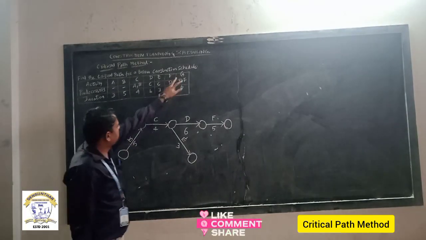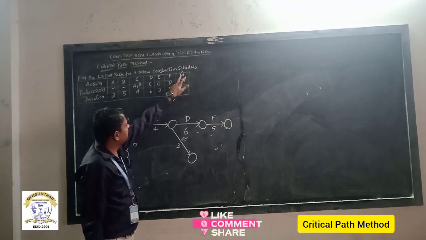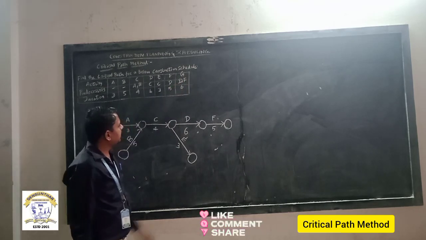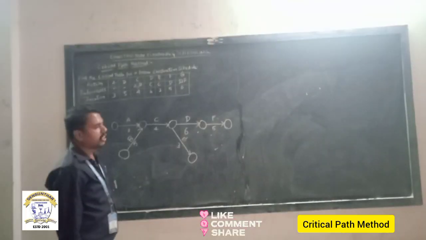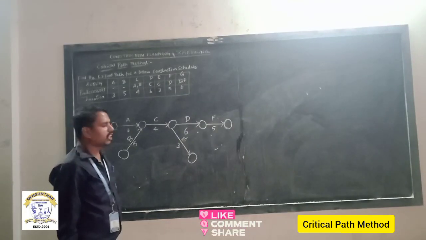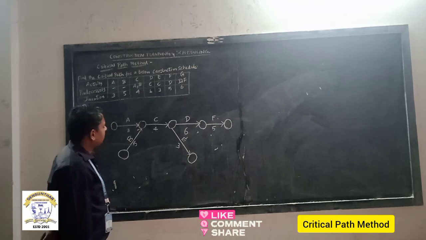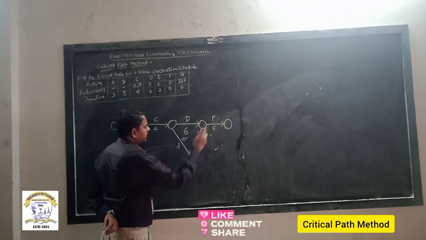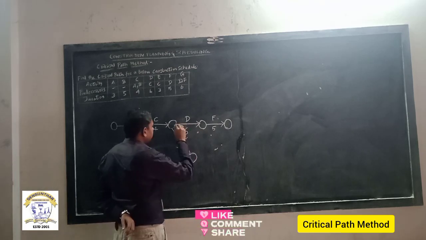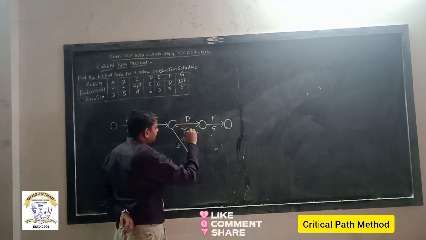Next, G activity. For G activity, D and F are the preceding activities, right? See here, D is here, F is here. So I assume one dummy activity here.